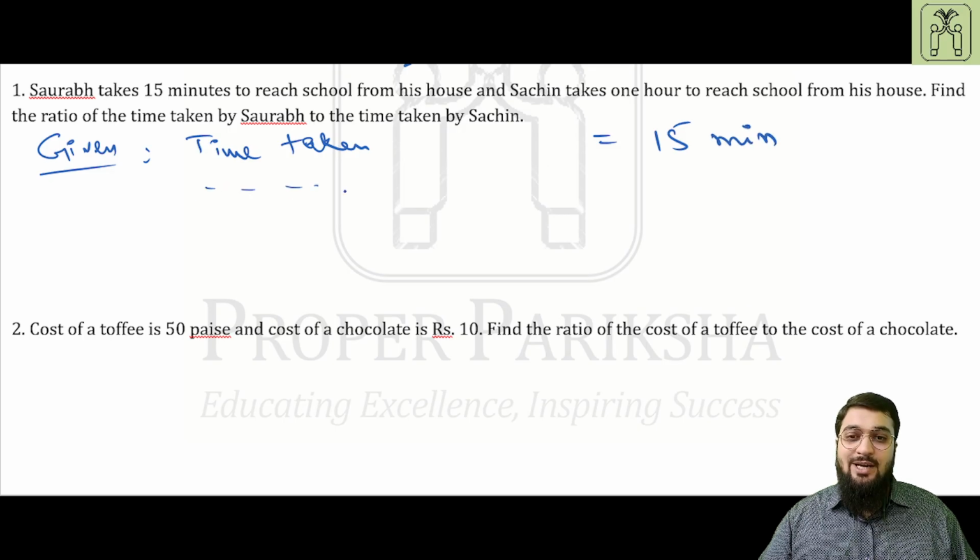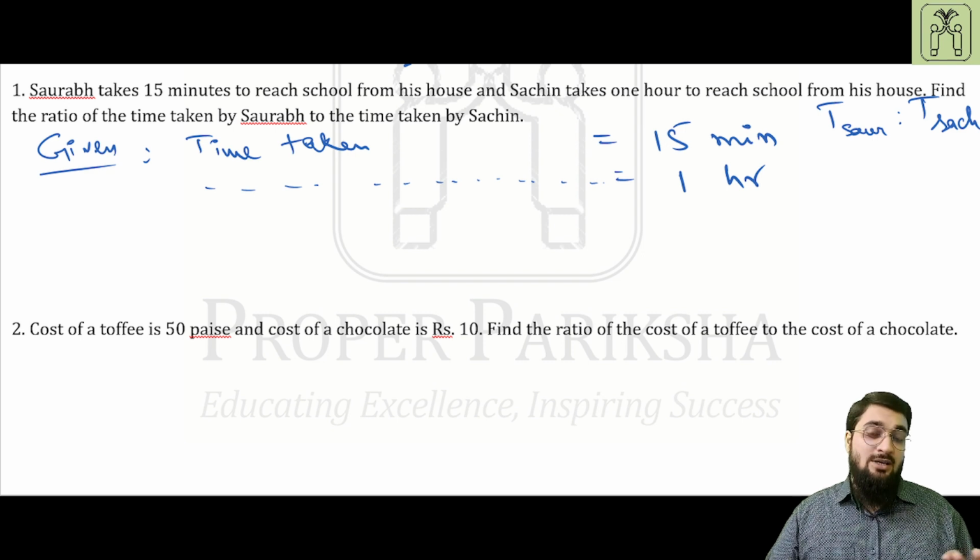Then we will write time taken by Sachin to reach his school from his house is equal to 1 hour. Find the ratio of time taken by Saurabh to Sachin. So we have to find T Saurabh is to T Sachin.